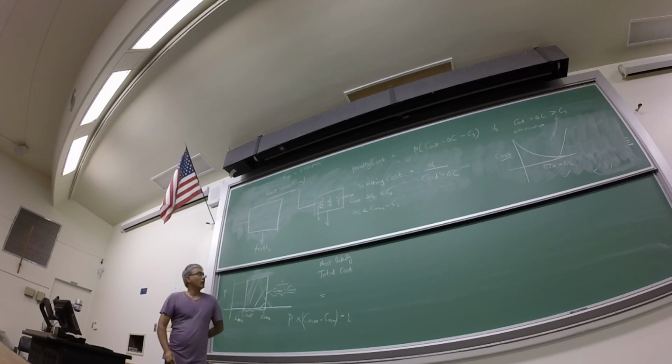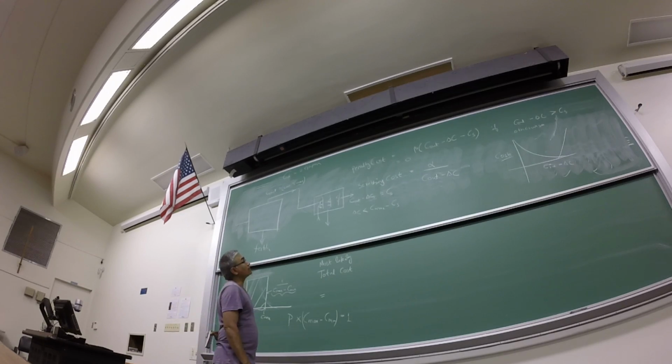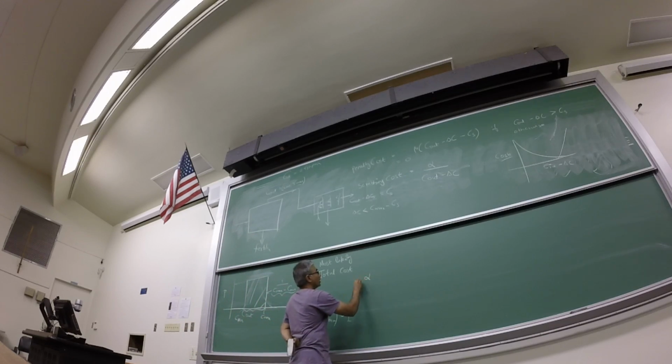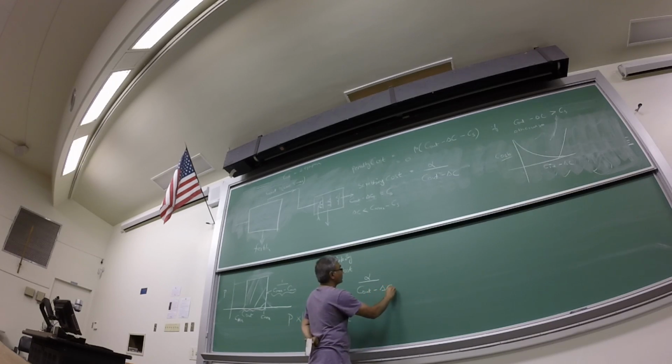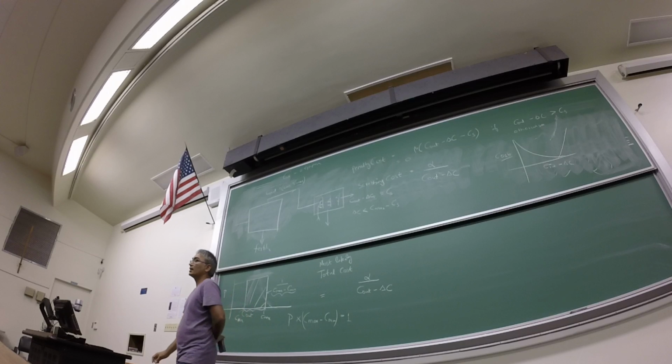Okay, so now let's look at the most likely cost. Let's first look at the scrubbing cost. The scrubbing cost is alpha over C out minus delta C. That's the cost of scrubbing.